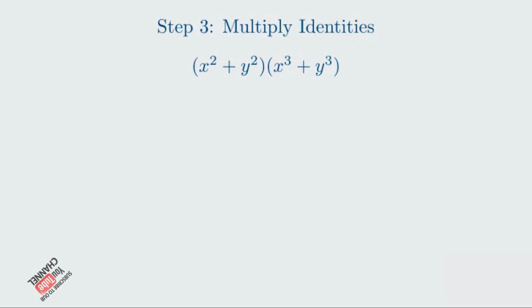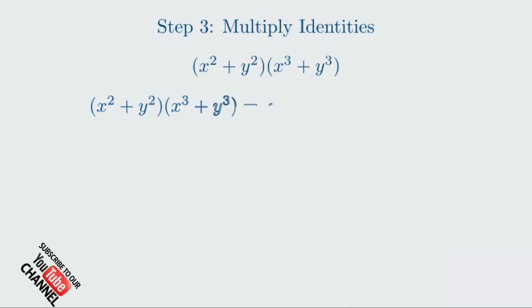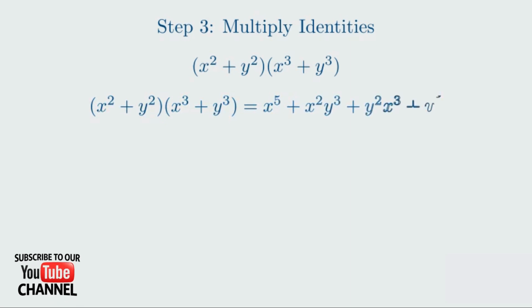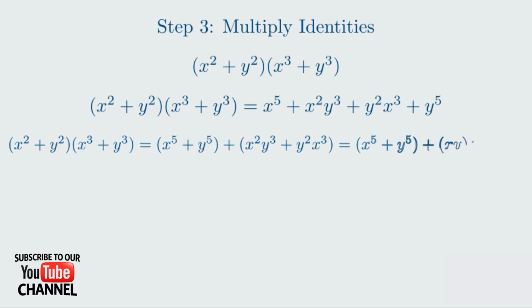Distributing this out carefully, we get four terms. x squared times x cubed is x to the fifth. x squared times y cubed, y squared times x cubed, and y squared times y cubed is y to the fifth. We can rearrange this and factor out a common term from the middle. This gives us x to the fifth plus y to the fifth plus x squared y squared times the quantity x plus y. Now we substitute in our variables a and b.